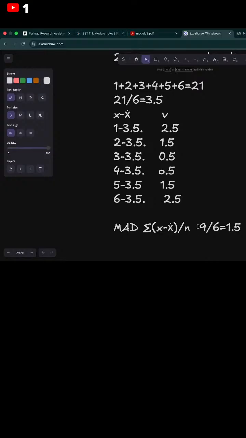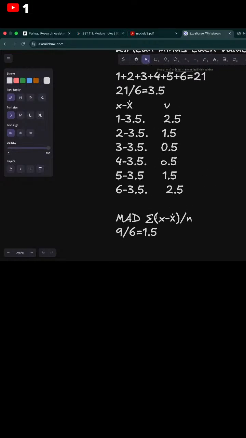So this is our mean absolute deviation. Each number is, on average, 1.5 steps away from the mean.